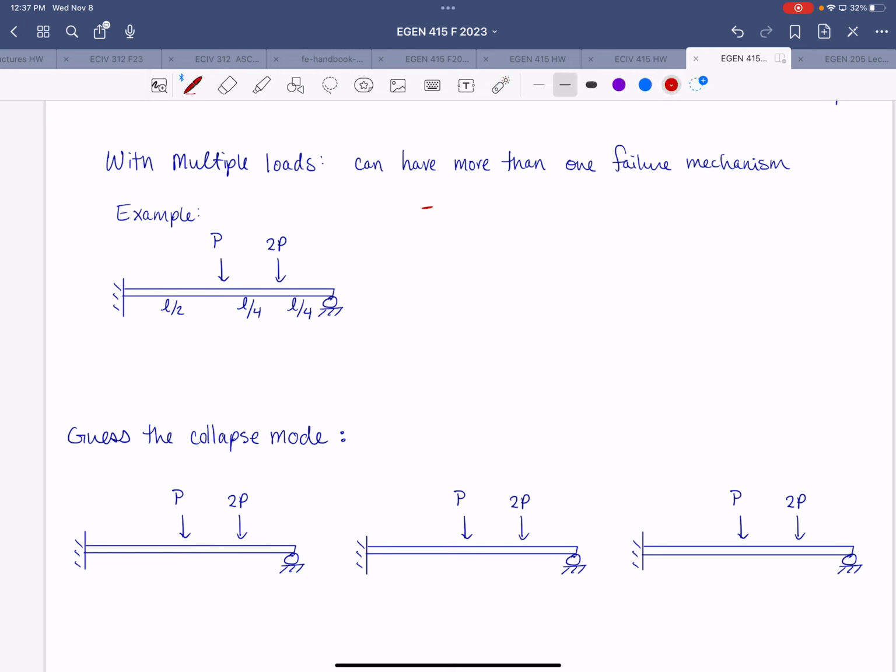I'll write that down. Assume the loads increase together.